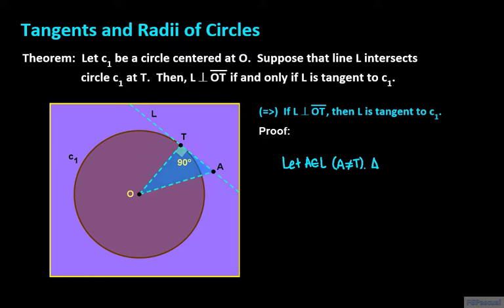We take advantage of the fact that triangle OTA is a right triangle. And because it is a right triangle, the longest side will be the hypotenuse, which is segment OA. So segment OA is longer than segment OT, which happens to be the radius of C sub 1.